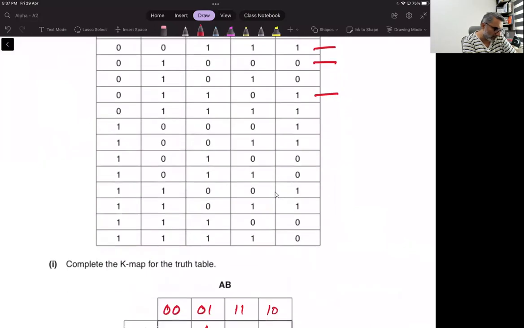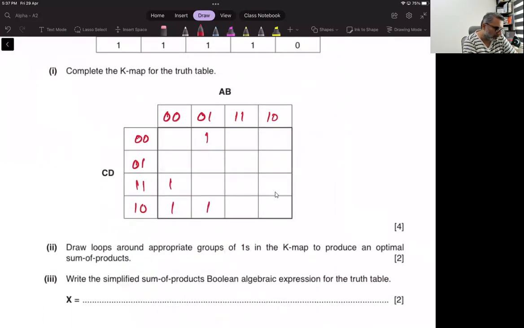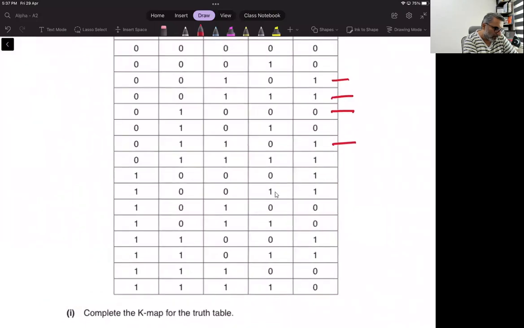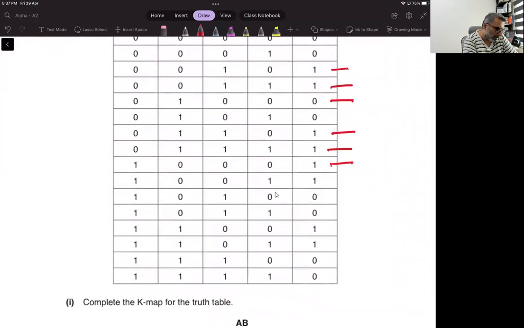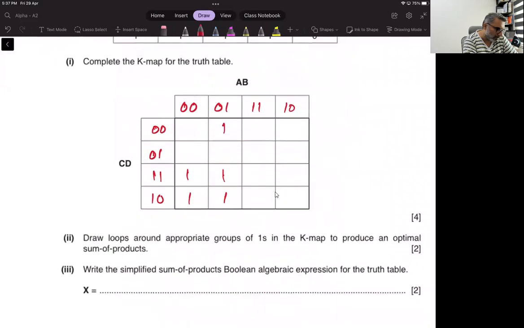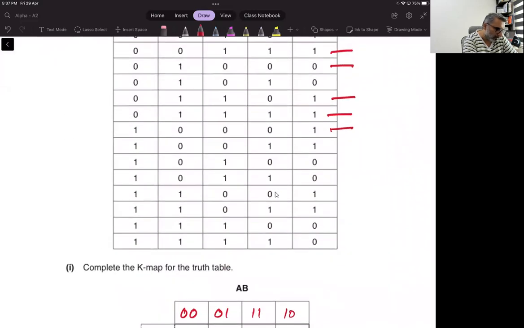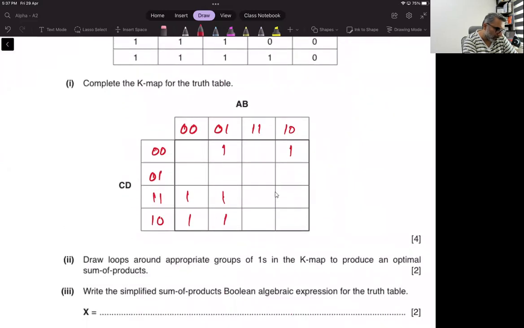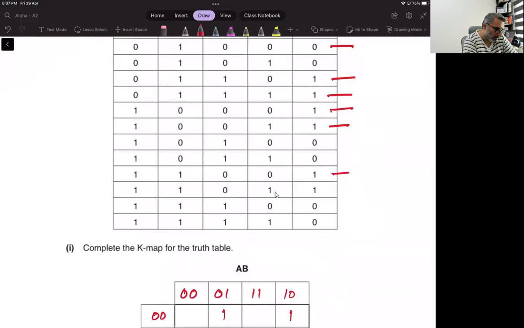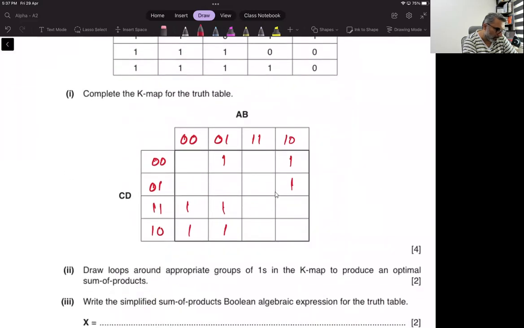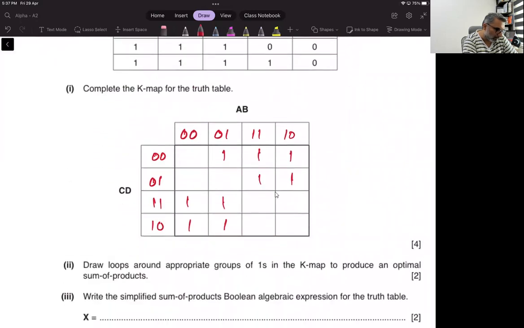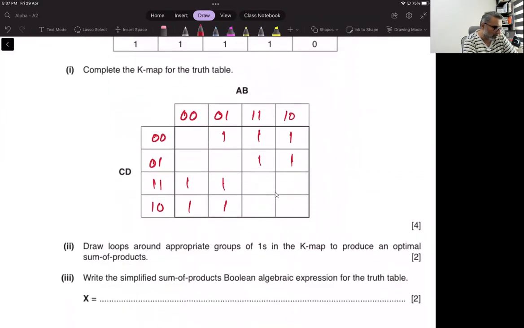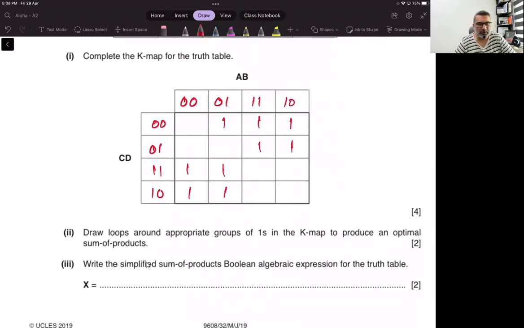So 0 1 1 0, 0 1 1 1, then 1 0 0 0, 1 0 0 1, 1 1 0 0, 1 1 0 1. So there it is. Draw loops.